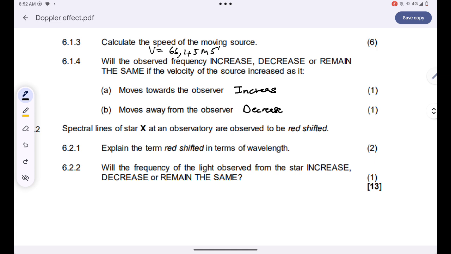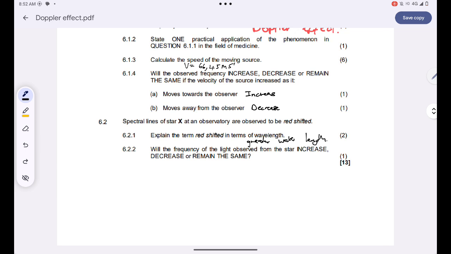Are you together? So the star will simply have a greater wavelength.